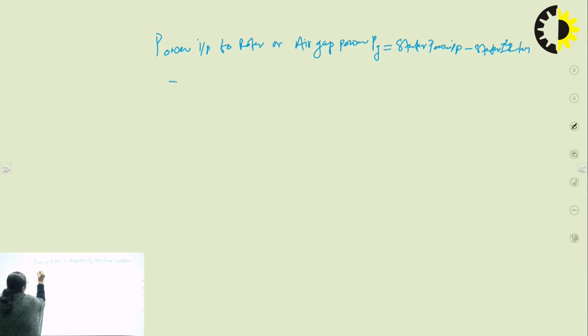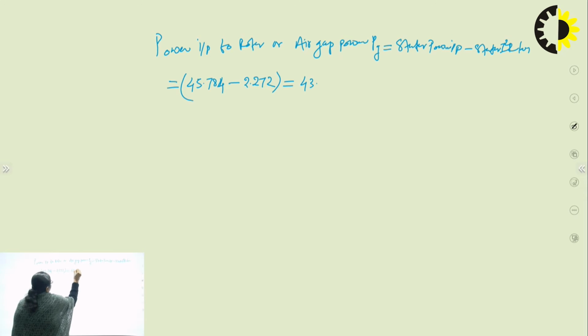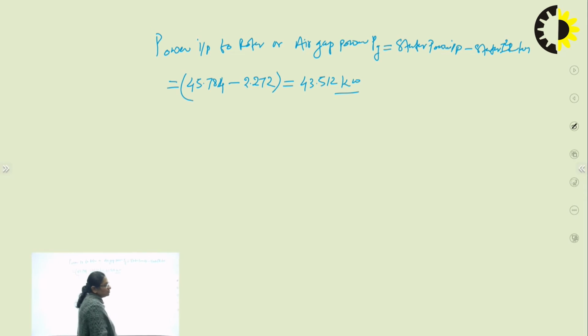The stator power input value was 45.784 minus the stator I square R loss value of 2.272. Upon subtraction, it comes out to be 43.512. So 43.512 kilowatt is the power input to the rotor.